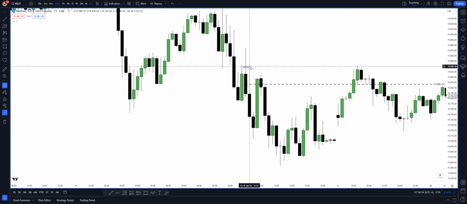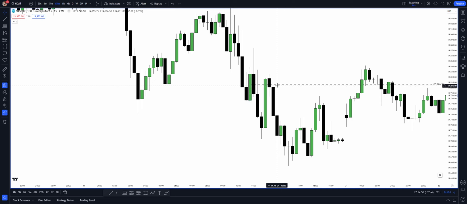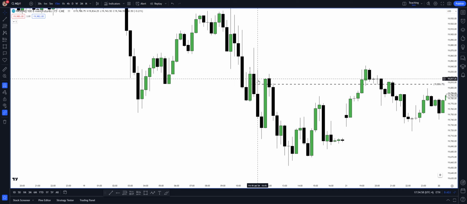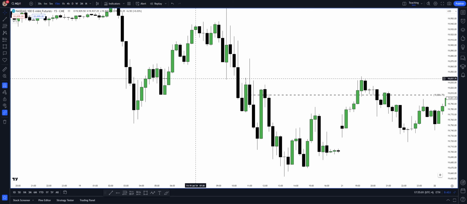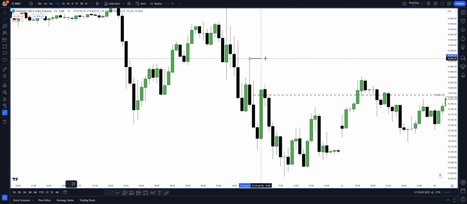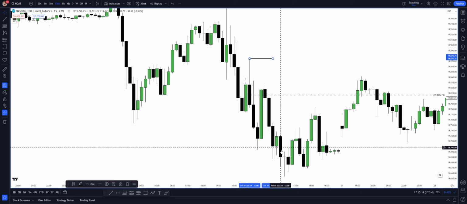Now this happens. This could happen. Okay, but this does not mean the setup is invalid or whatever. The setup invalidation will be if price goes for the raid candle high. All right. As long as it doesn't do so, the setup is still valid.